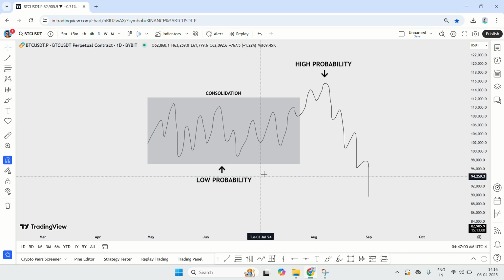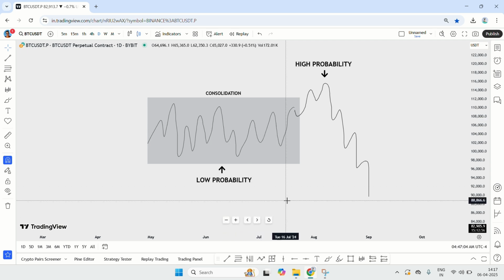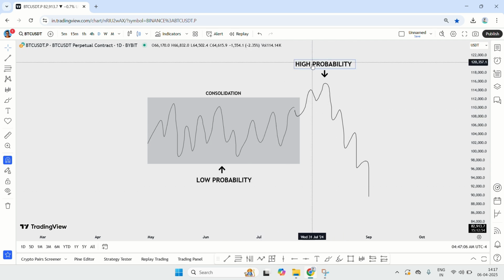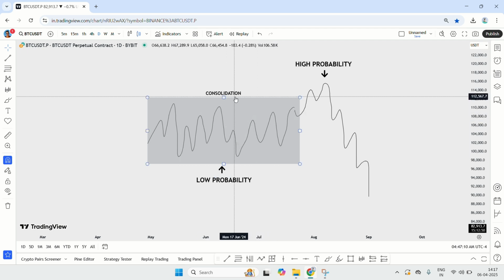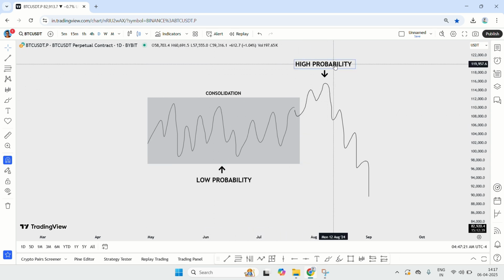So consolidation is a low probability condition where the market is not going to take the high and low. Once the market breaks out from that consolidation, what is it going to do? It will take the high or it will take the low based on the market maker buy and sell model. If it's accumulation, then it will dump, and if it is distribution, then it will pump. Once it pumps, it becomes a high probability condition.